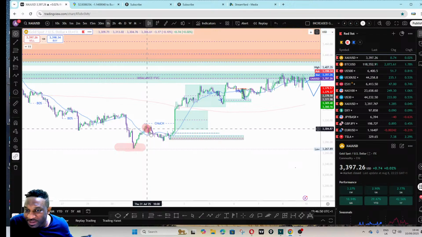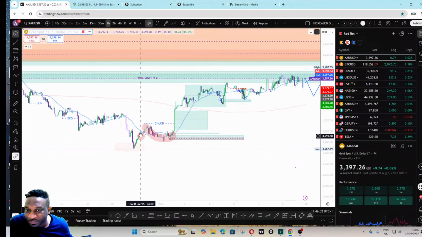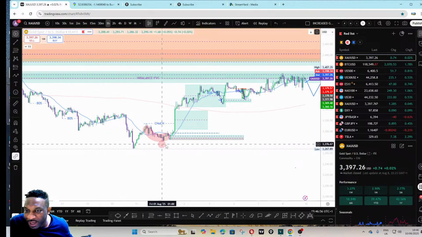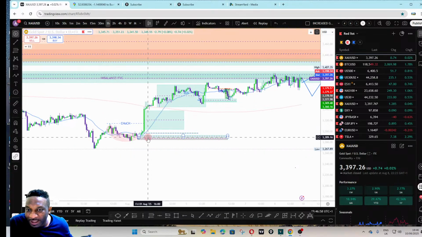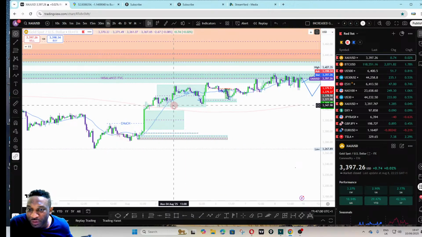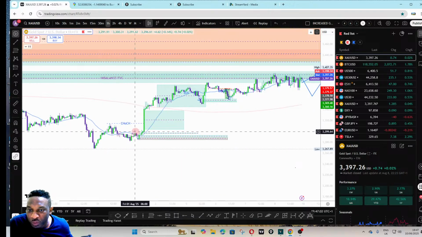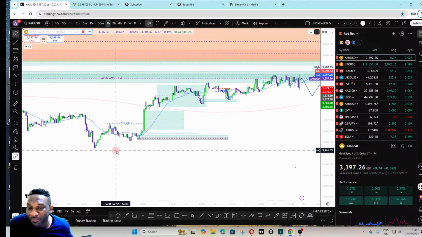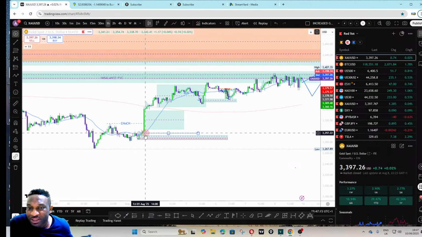So whenever I see a failure swing on the charts, where I have an indication of price turning around and going up, this is where I'm most likely to get myself into a trade. From here, I'll go on the lower time frame, the 15 minutes or 5 minutes, to look for the right place to get into the trade.